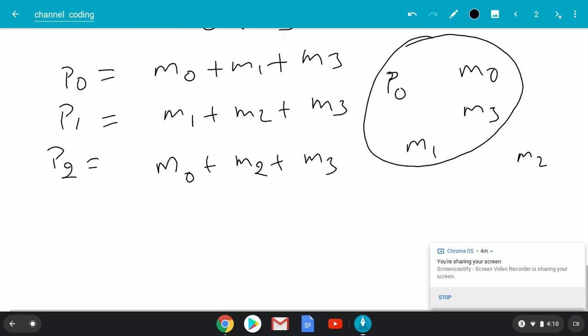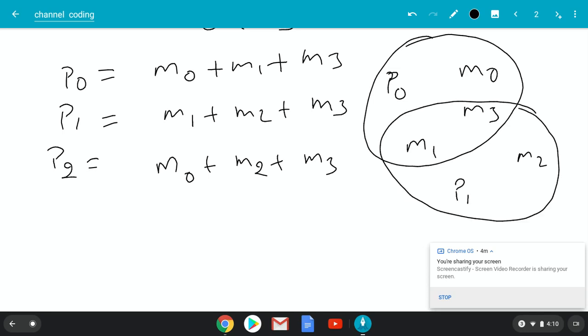Now let's see what P1 is: M1 plus M2 plus M3. So draw that and then put P1 there. Again, the number of ones in this circle should be even. And then P2 is M0, M2, M3, like that, and this is P2. Again, the number of ones in this circle should be even, right?